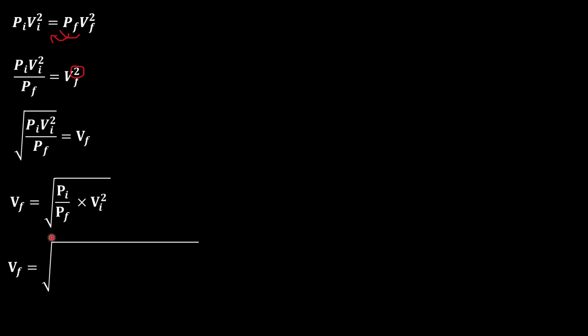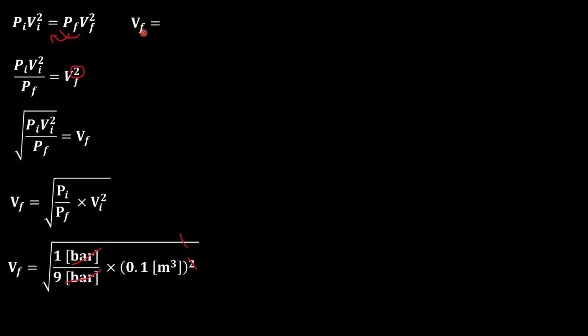Now we can plug in the values. The initial pressure is 1 bar, the final pressure is 9 bar because it's compression, times the initial volume 0.1 cubic meter to the power 2. Here the bar will cancel with the bar, and the 2 will cancel with the square root, because by exponent rules, 2 to the power 1/2 is 2 times 1/2, which is 1.